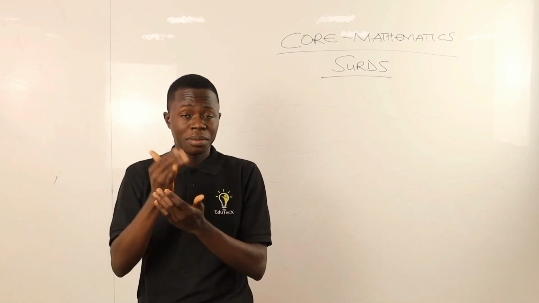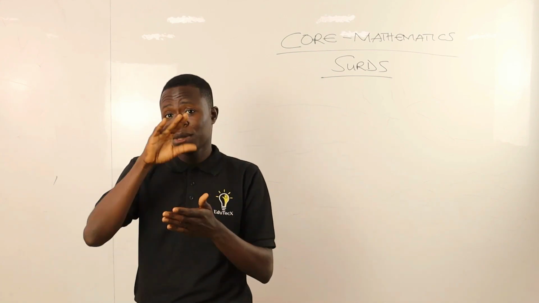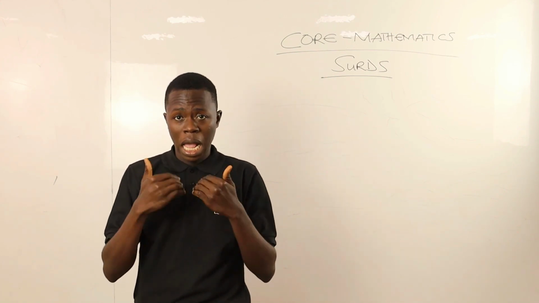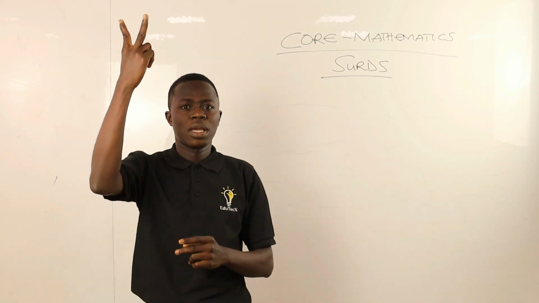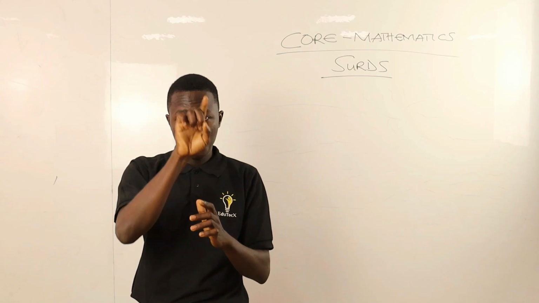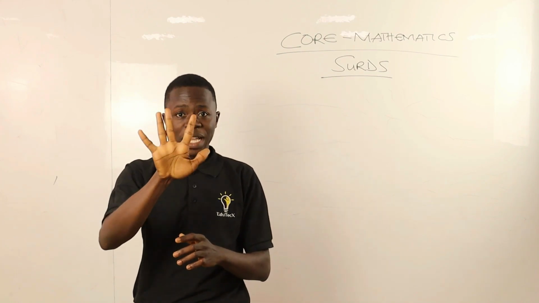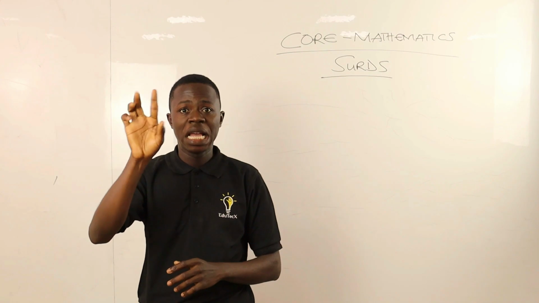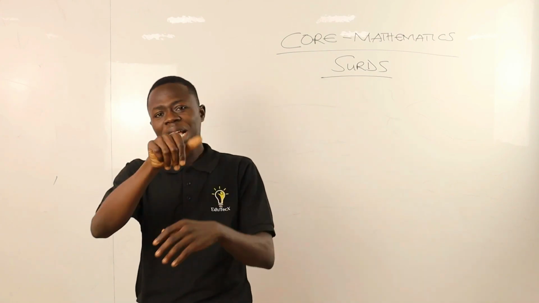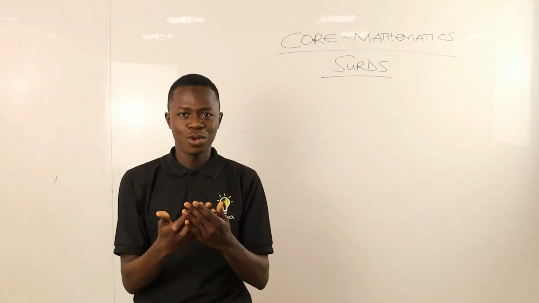You remember that in that lesson, we talked about perfect squares. We said perfect squares are numbers that when found under the square root sign can give us whole numbers. So for instance, we have the square root of 4 being 2, the square root of 9 being 3, and so on.